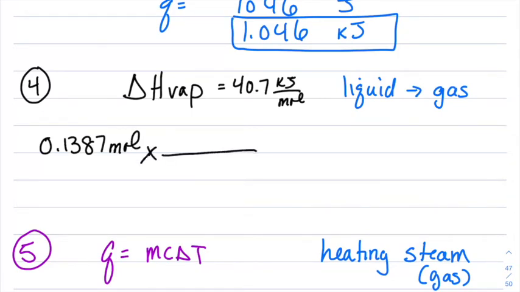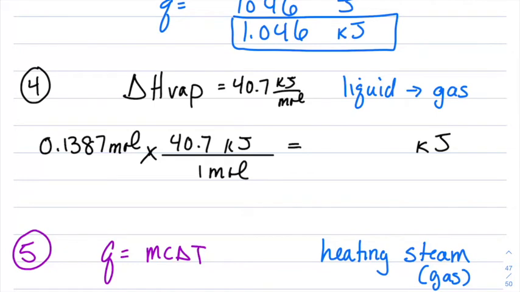And now I'm multiplying it by that delta H of vaporization that says there is 40.7 kilojoules in every 1 mole. So what did you get for your kilojoules in number 4? 5.645. All right, so I'm hearing 5.645. How about the rest of you? Did you get something similar, different? All right, so it sounds like everybody's getting similar answers here.